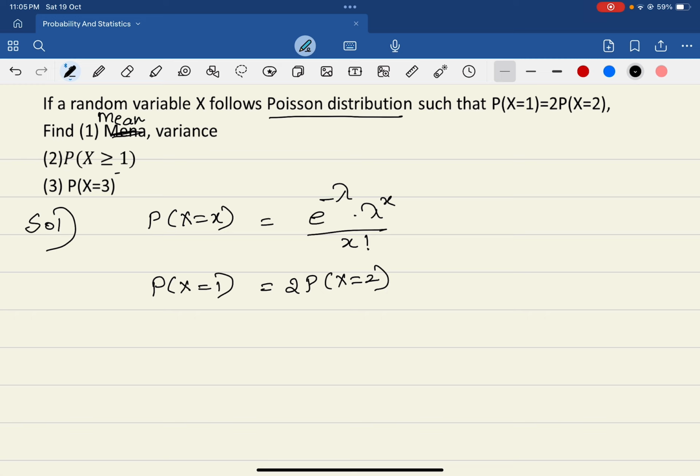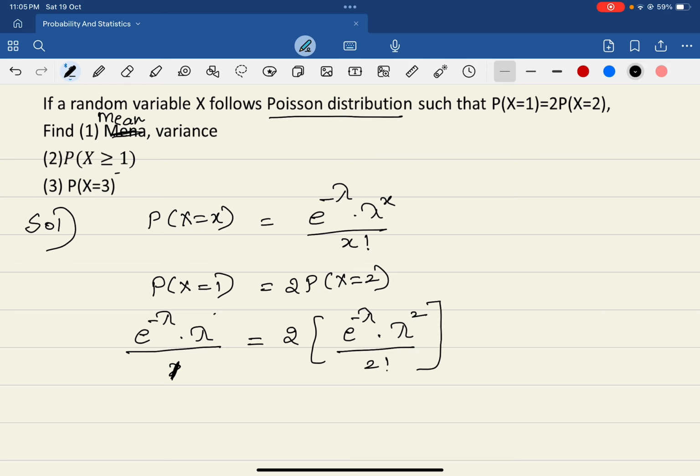So, P of x equal to 1 is e raised to minus lambda, lambda power 1, which is lambda, by 1 factorial, and that is given by 2 times e raised to minus lambda, lambda power 2, over 2 factorial.